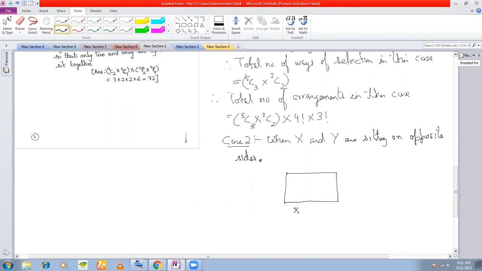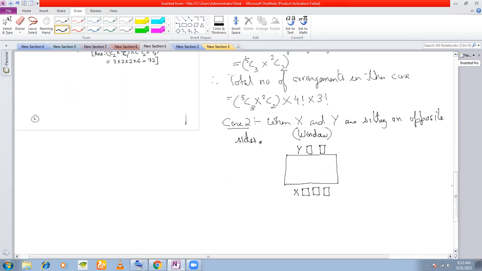This time we place X here, and 3 seats are here, and we place Y here, and you have 2 seats here, and this is the window, right? So what should be the total number of arrangements in this case? Same number of arrangements. We have only interchanged X and Y, right?